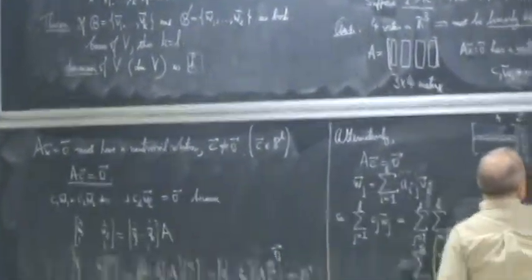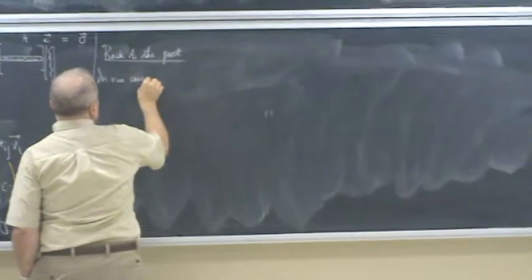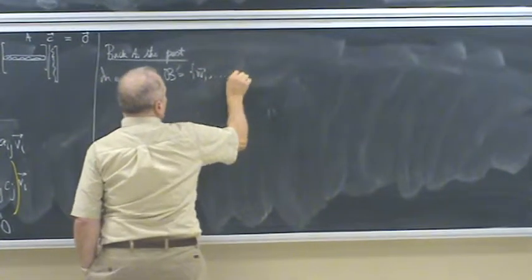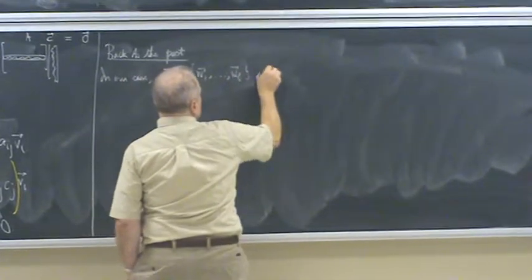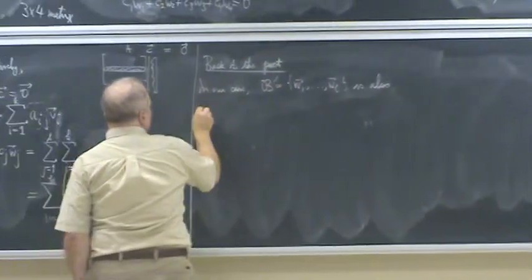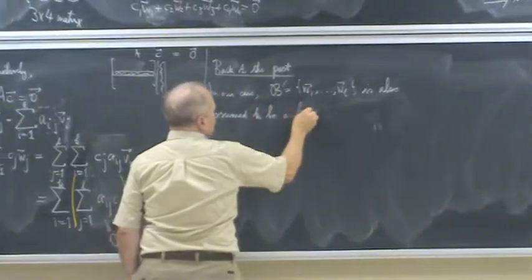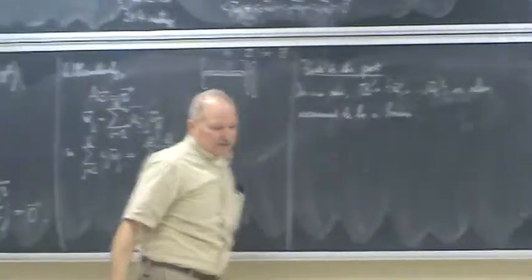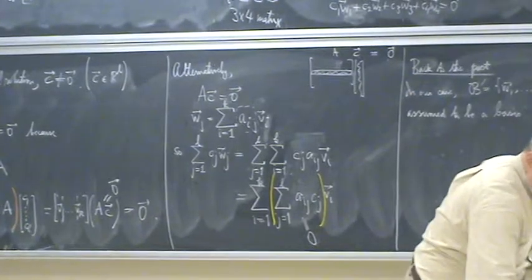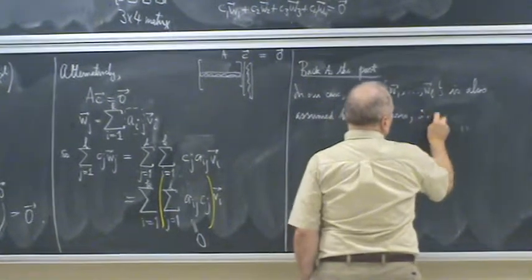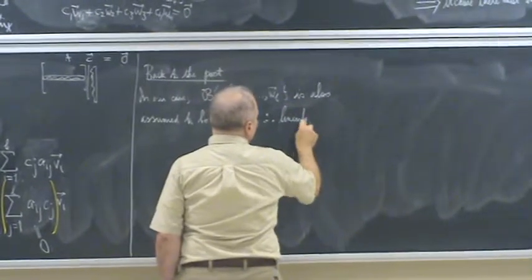It's also a basis, B prime. My W1 to WL is also assumed to be a basis. What does that mean in particular? They're linearly independent.